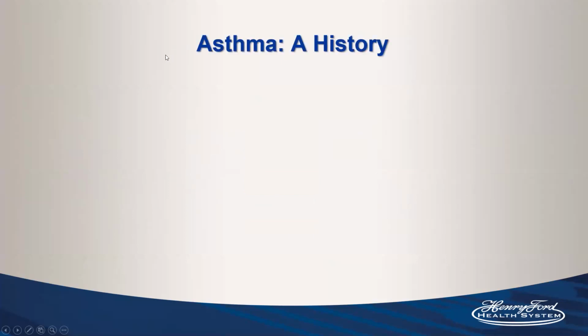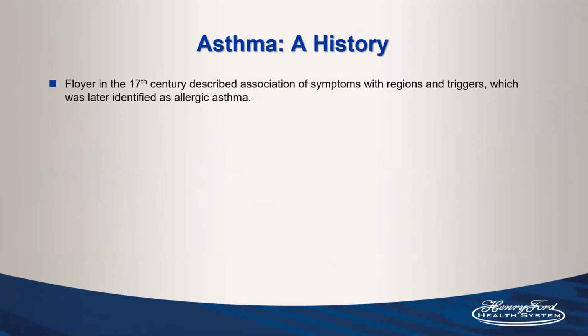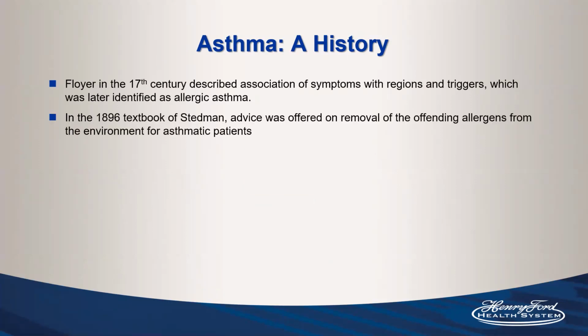I'm going to touch quickly on it. We're going to go over a quick history of asthma that will help us understand why the interest in phenotyping started and gained traction. So basically, in the 17th century, Fuller described association of symptoms with regions and triggers, allergic asthma.